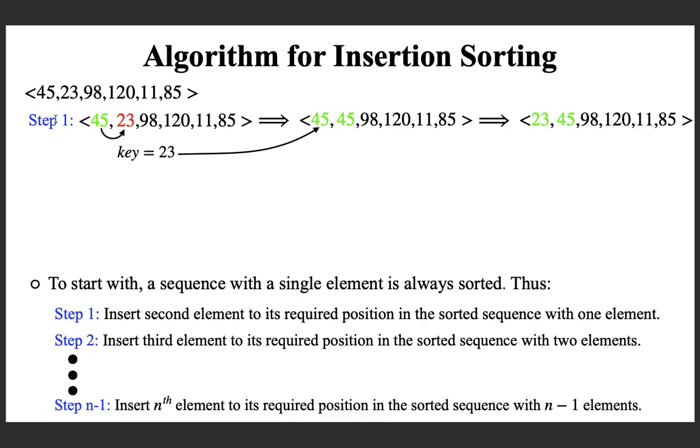Now after the first step, you have 2 elements sorted. So what will be step 2? 2 elements are already sorted. You look at the next element 98 and you want to put it into the sorted list. Because 98 is more than both these elements, nothing has to be done. It is already sorted.